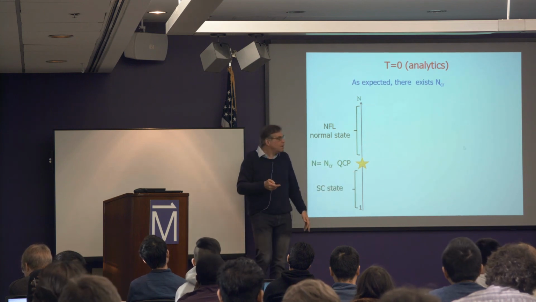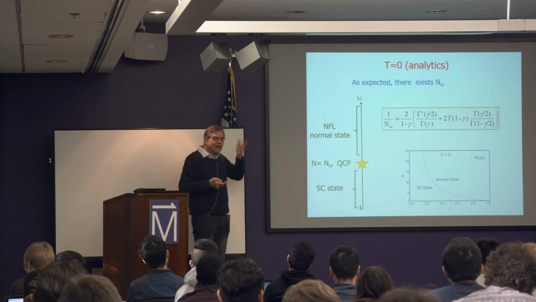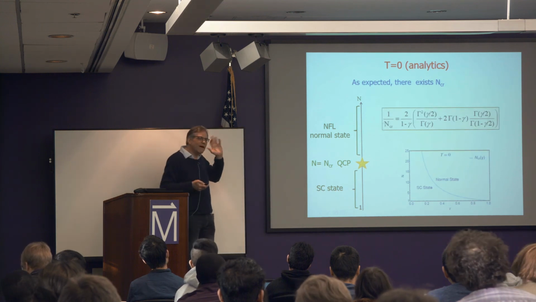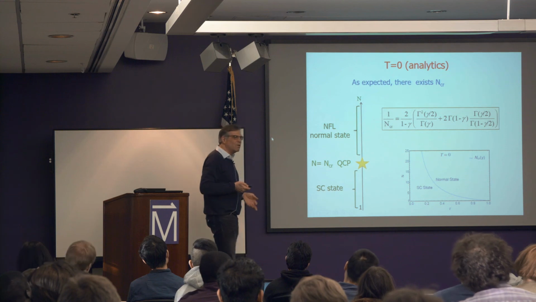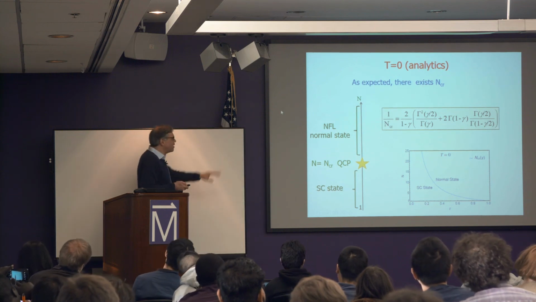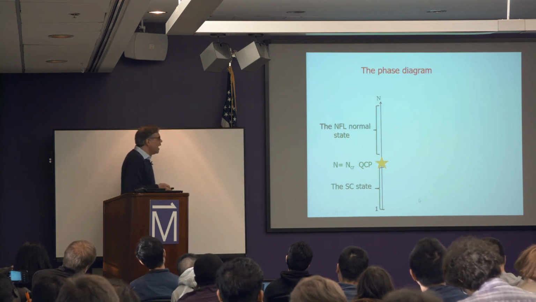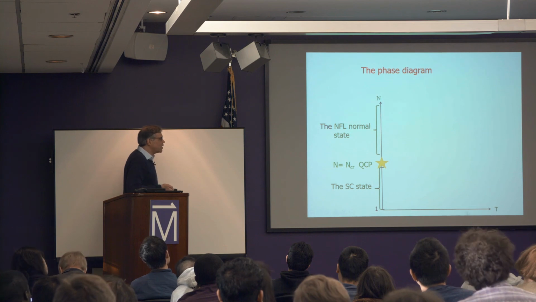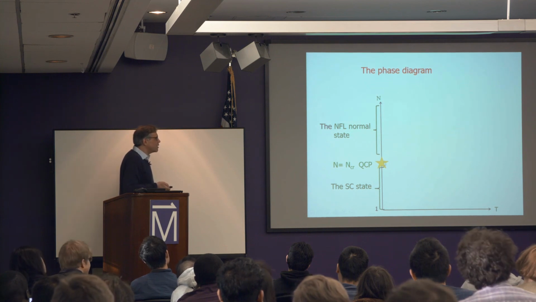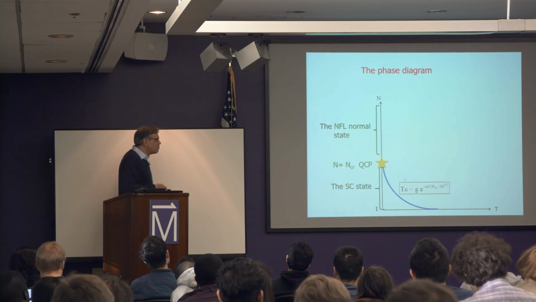Expected result. The nice thing is that you can write down n critical in terms of gamma functions and, as I said, solve this problem accurately, but here is the result. Let's add a temperature axis and see what's going on. Well, this is what you expect.